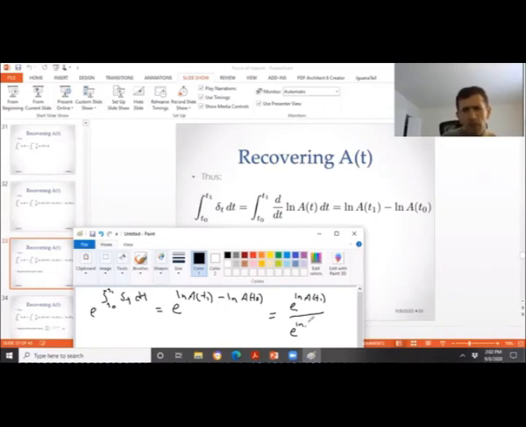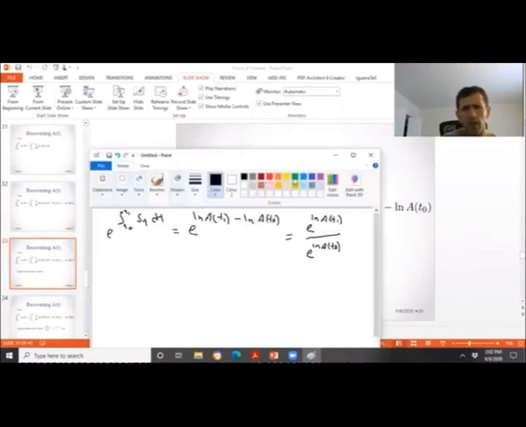So it's e to the ln a of t0. Well, e undoes the ln. So we have a of t1 over a of t0.